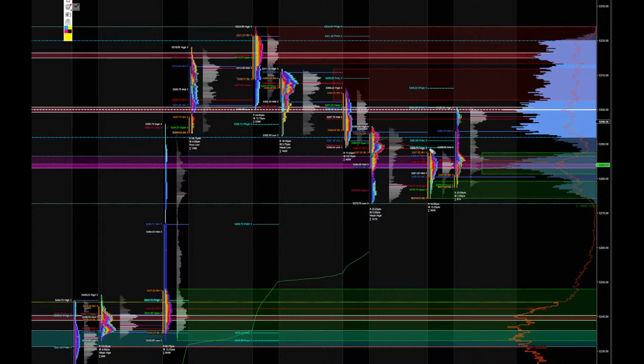This kind of lines up right here with the gap fill. Now remember what I said, we're 100% net long overnight with a lot of volume up here.